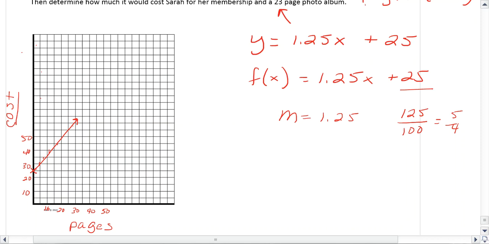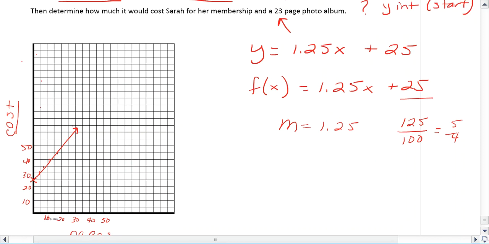And then the last thing they want us to do in this problem is determine how much it would cost Sarah to pay for her membership and a 23-page photo album. There are a couple of ways to proceed here. If I felt like I had an accurate enough graph, I could go over here to 23 pages and then look up and see, well, I can tell it's going to be just more than $50, but not $55.